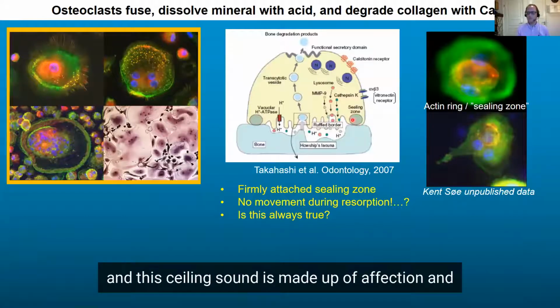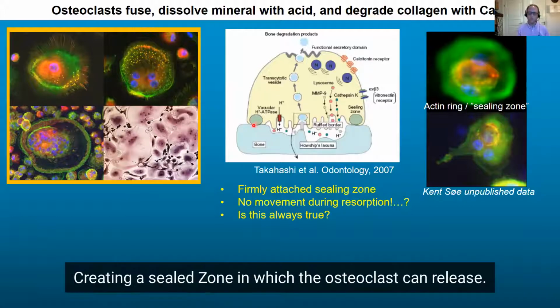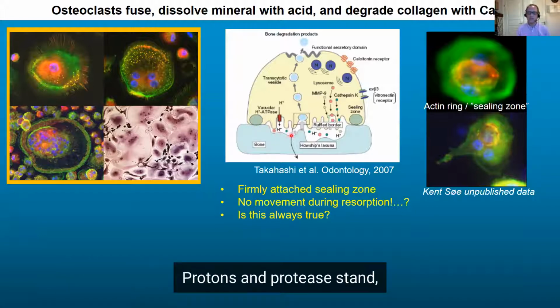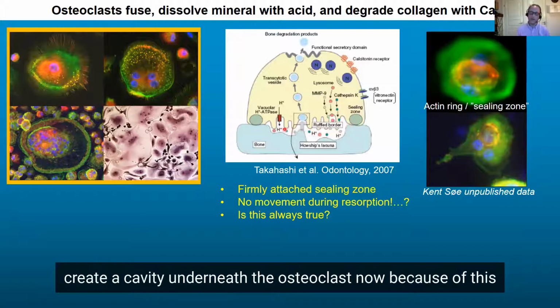This sealing zone is made up of F-actin and podosomes, which firmly contacts and is linked to the bone surface, creating a sealed zone in which the osteoclast can release protons and proteases and collagenases that eventually will erode the bone and create a cavity underneath the osteoclast.